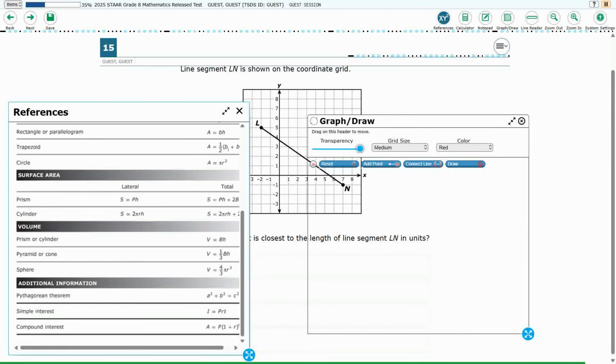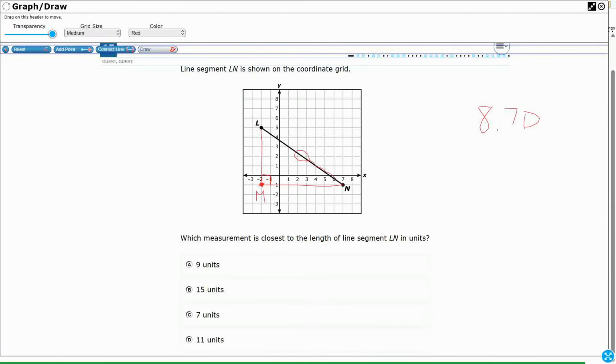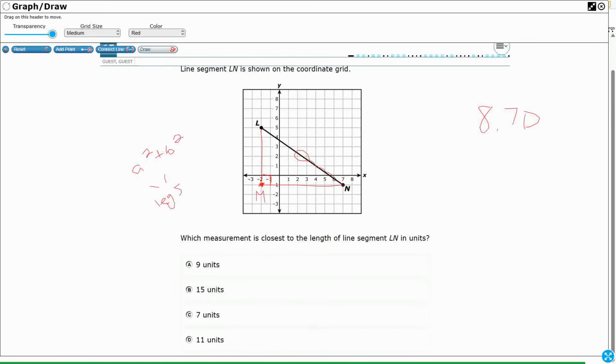It doesn't give us any context, but we need to know that's a part of the right triangle. And so a squared plus b squared is going to be your two legs, the two sides coming out of the right angle, and then the c is going to be your hypotenuse. So if we say LM is A and MN is B, then we can make our hypotenuse, which is always across from your right angle, C.